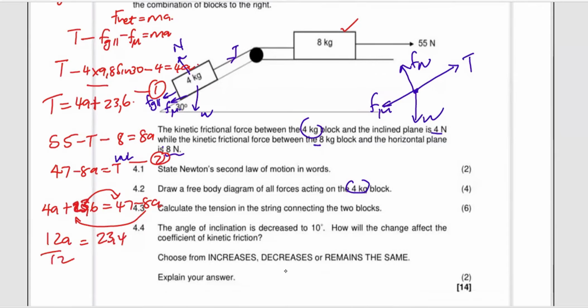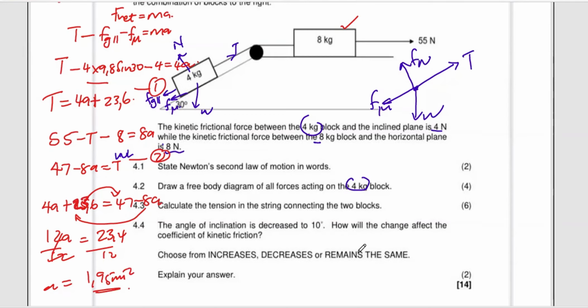Then our a becomes 1.95 meters per second squared. Okay, so that is what I'm ending up with if I use this approach.